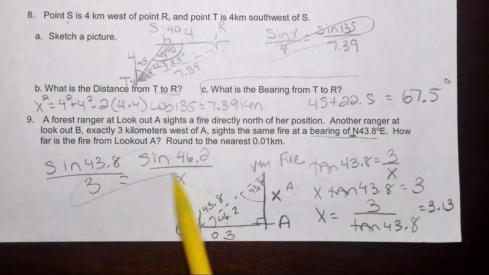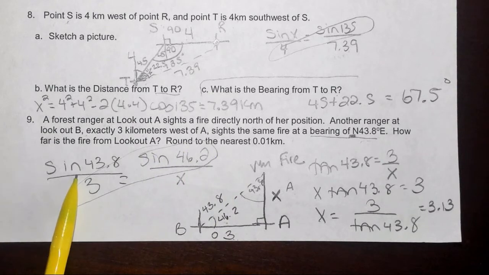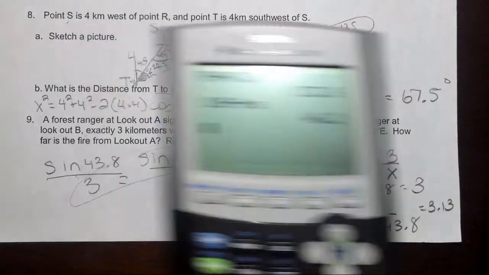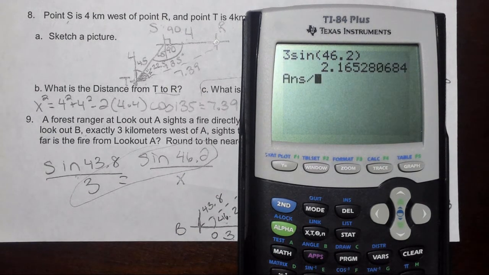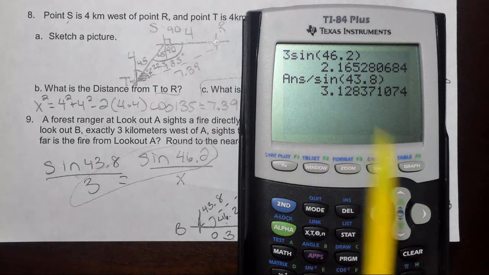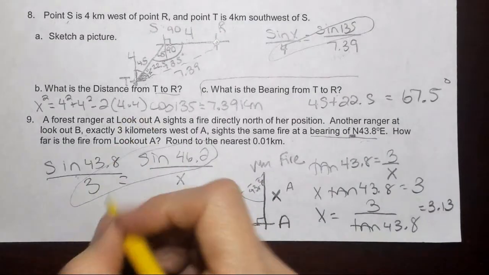We're going to circle the numbers that are diagonal and divide by the one we didn't circle. Okay, so I'm going to multiply. 3 times sine of 46.2, enter, divided by sine of 43.8. Hey, I got the exact same answer, 3.13.